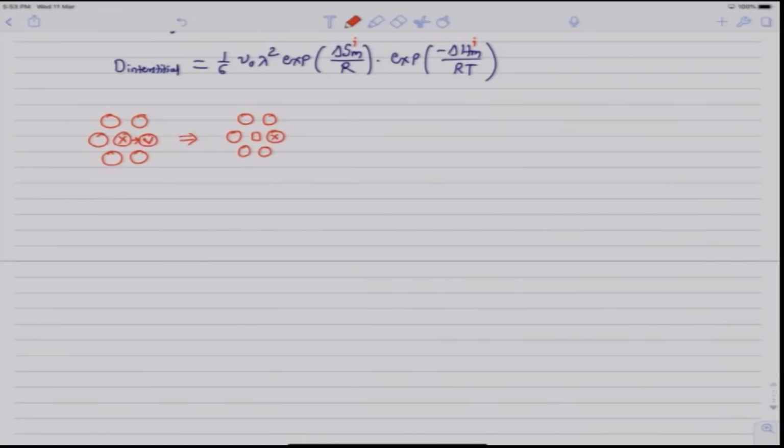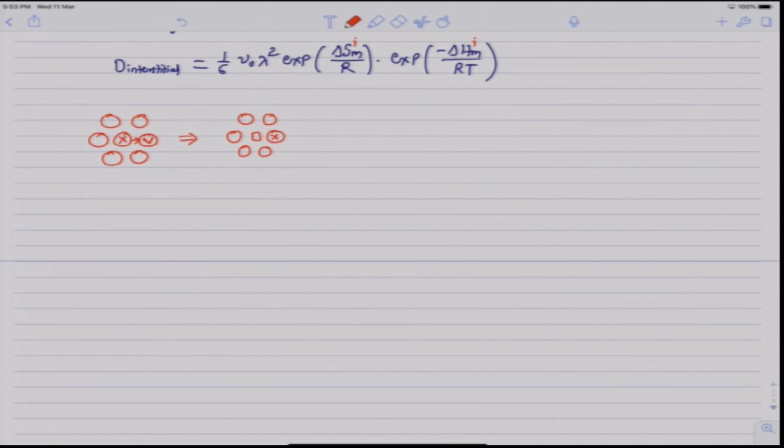The extreme case would be, after the first jump, the X will immediately jump back onto the same vacancy. So, it will be a reverse jump, and this reverse jump will nullify the contribution to the diffusion from the previous jump.